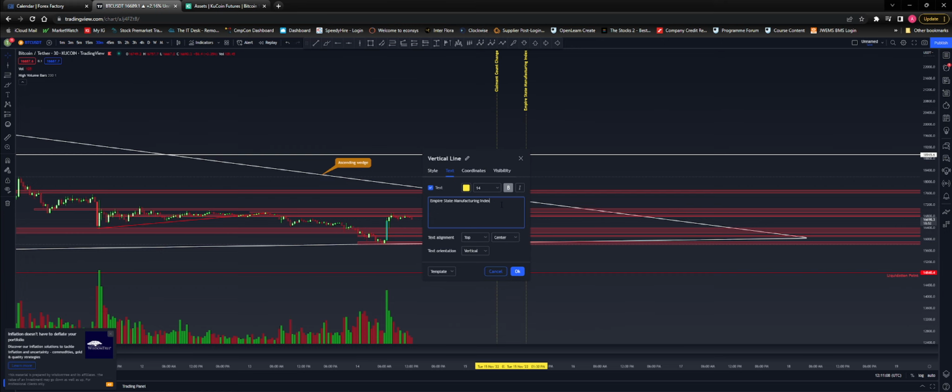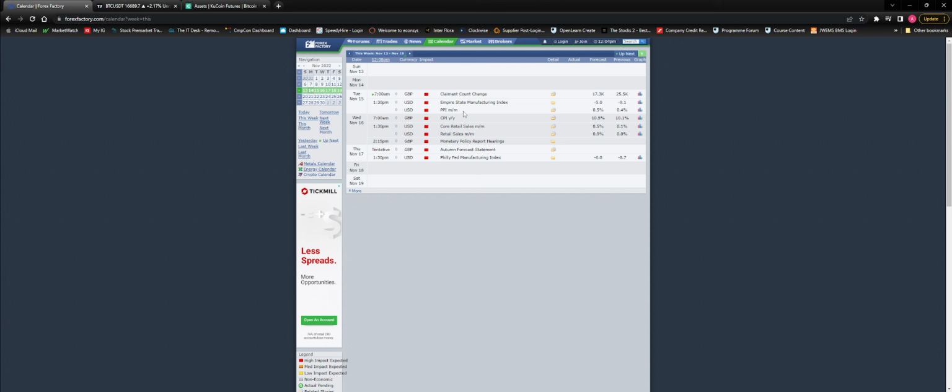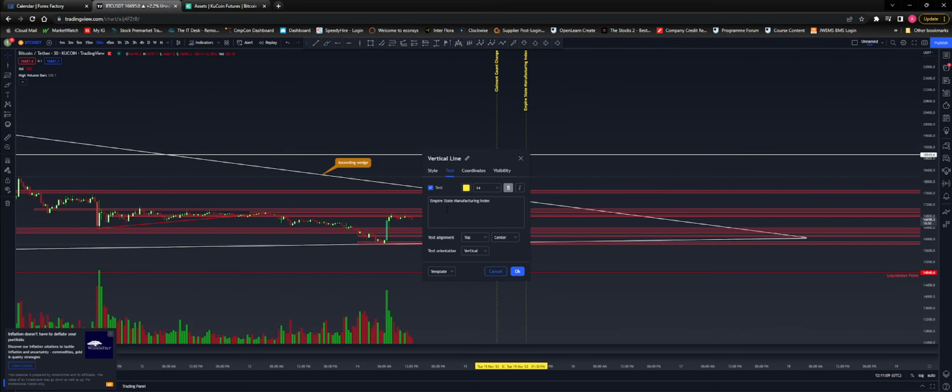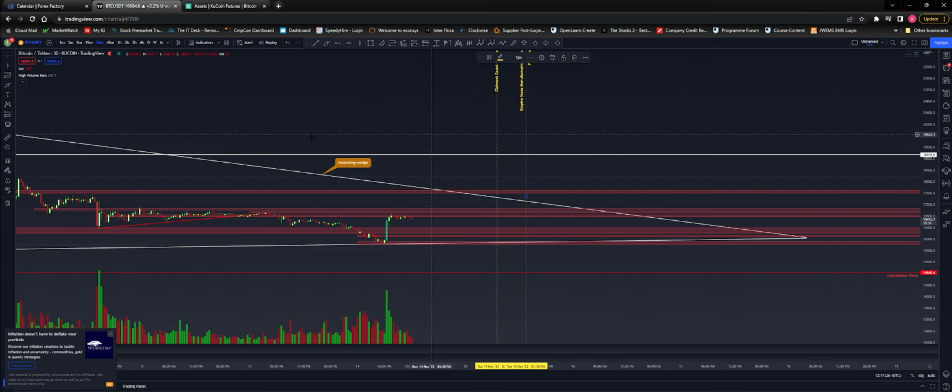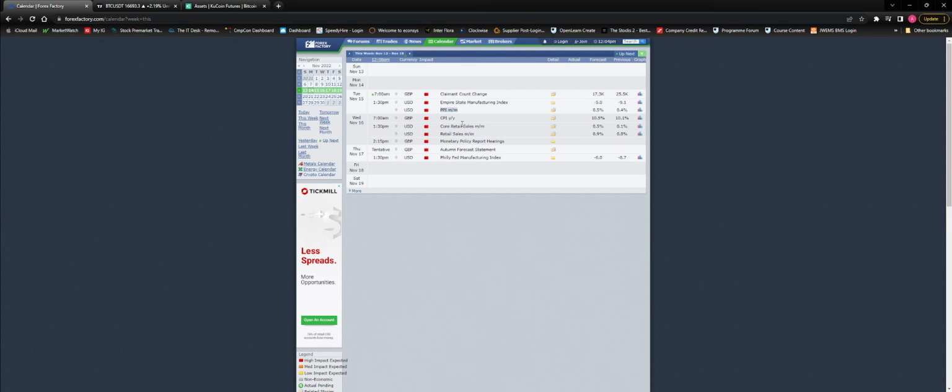We'll put a space between the two. Let's go back in here. We want the PPI month on month, both happening at the same time. So this will be quite an impactful event. So Control V. There you go. That's the PPI month on month. Okay, cooking on gas.